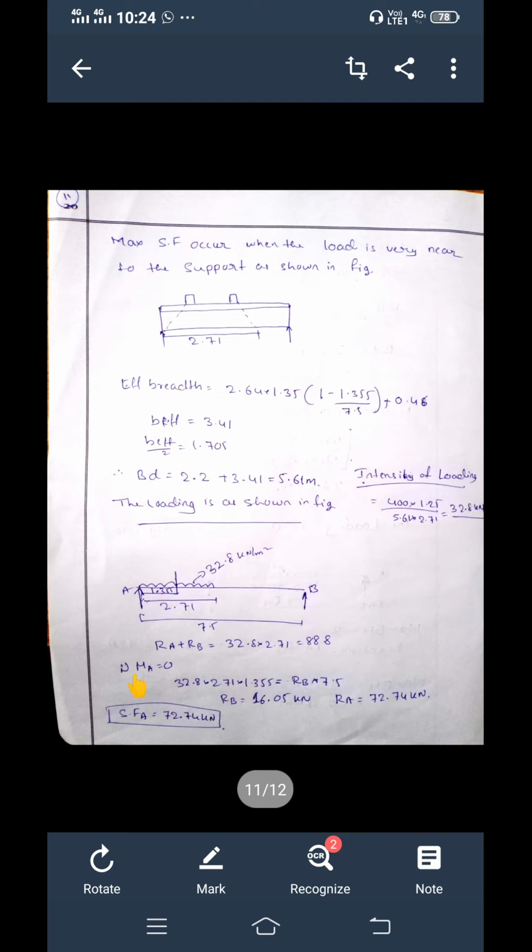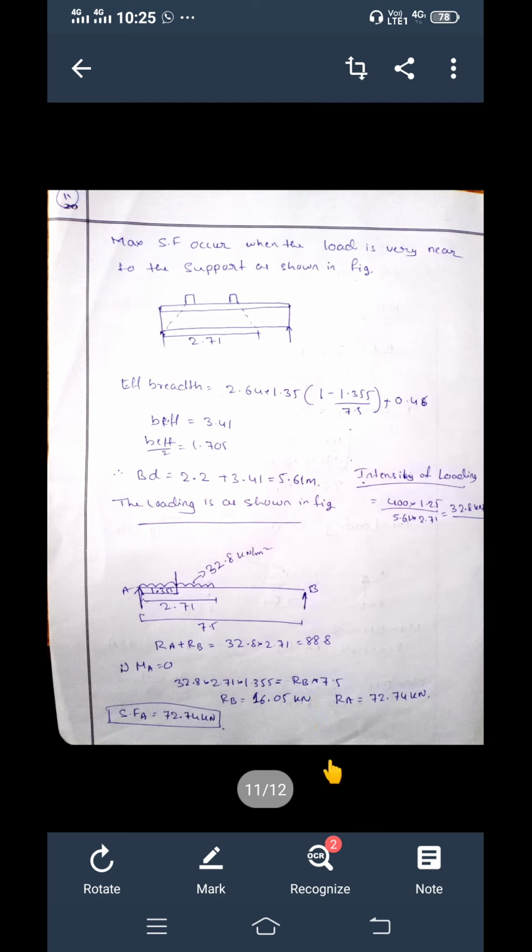So that is equal to RB into 7.5. This is in the minus anti-clockwise direction. So if we send it to the right hand side, it becomes plus. So RB into 7.5. So we'll get RB equal to 6.05.